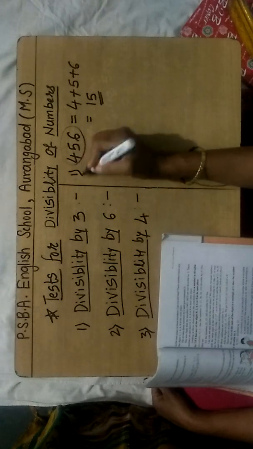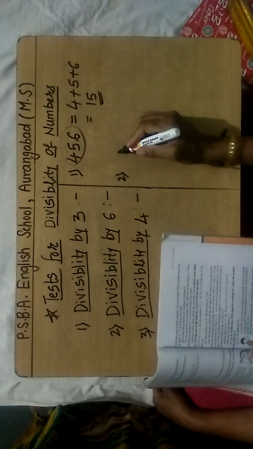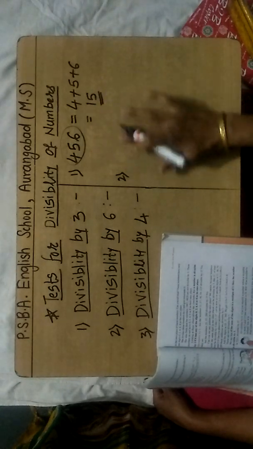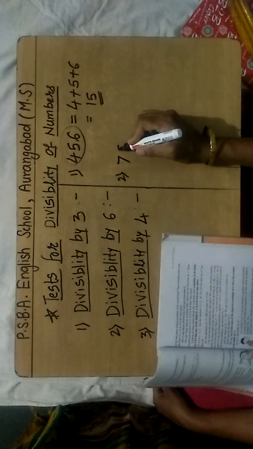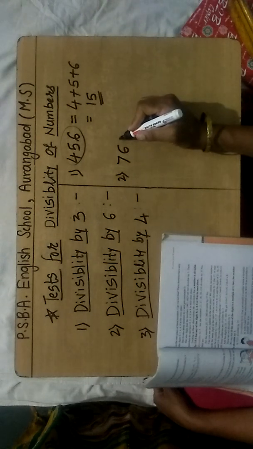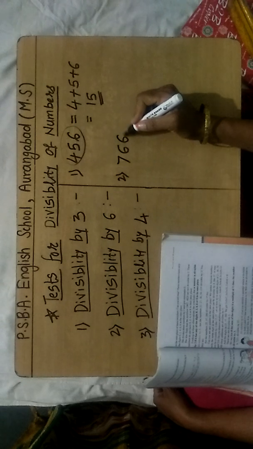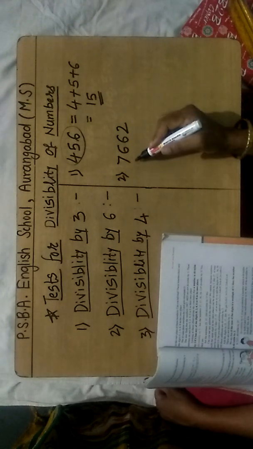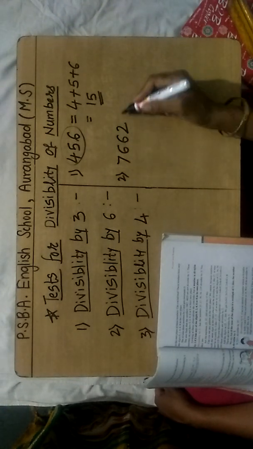One more example we will consider. 7,662. What we will do here?